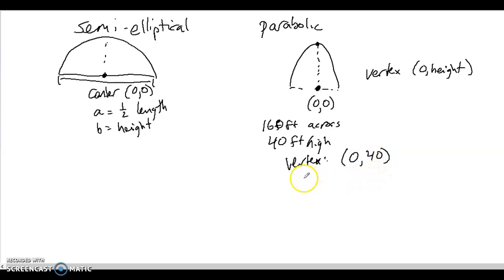And we're pointing down, so I know P is going to be negative. And furthermore, we have the form x minus the x value of the vertex squared is equal to 4 times P times y minus the y value of the vertex.